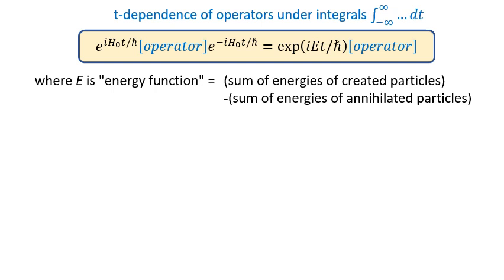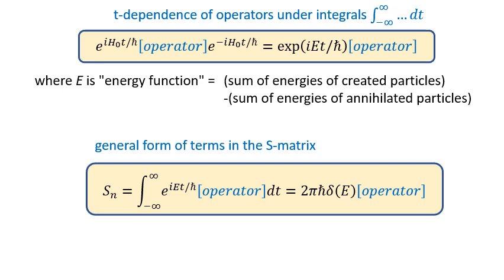Then a very important conclusion follows about the structure of operators under the T integral in the S matrix. The T dependence of any operator is given by a numerical factor, an exponent where E is the so-called energy function, which is the sum of energies of created particles minus the sum of energies of annihilated particles.